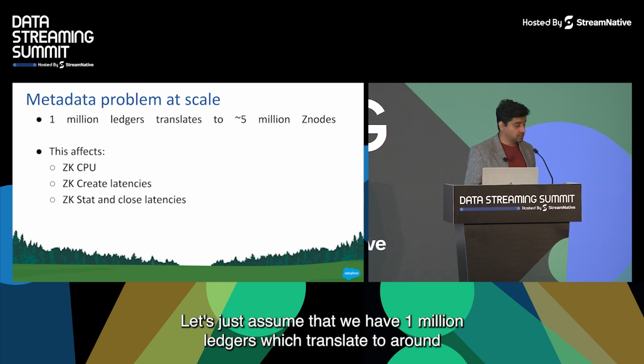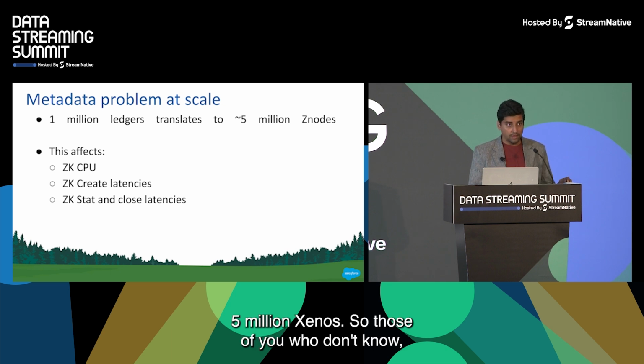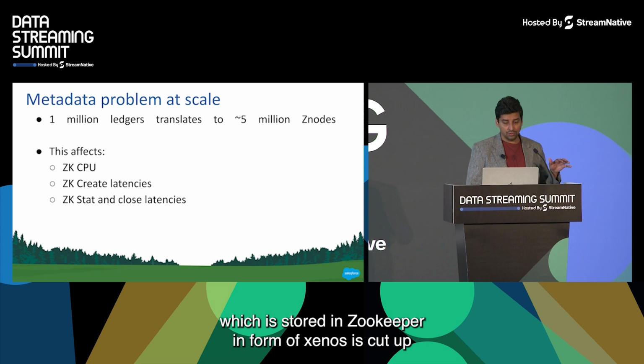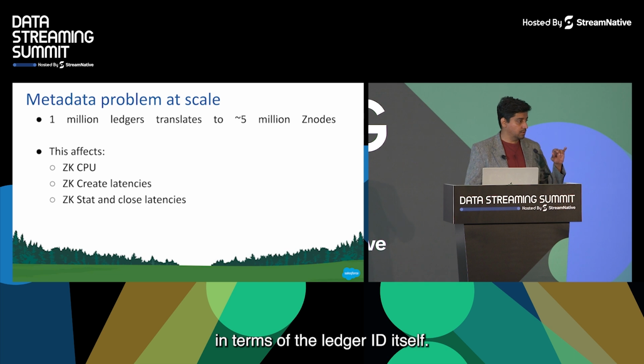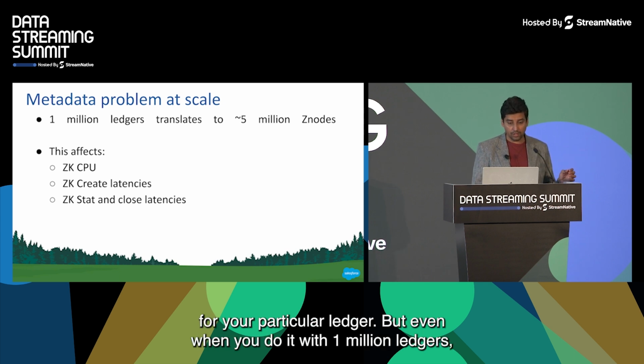So let's just assume that we have 1 million ledgers, right, which translate to around 5 million ZNodes. For those of you who don't know, the metadata tree which is stored in ZooKeeper in the form of ZNodes is cut up in terms of the ledger ID itself, and that way you get a nice tree format with log n complexity to look for your particular ledger.